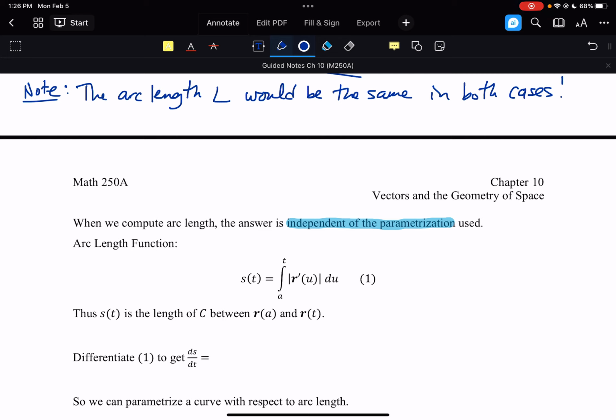But if we take this formula, this gives us the length of C between r of a and r of t. Differentiate this to get the magnitude of r prime of t dt. Or excuse me, not dt anymore, just the magnitude of r prime of t.